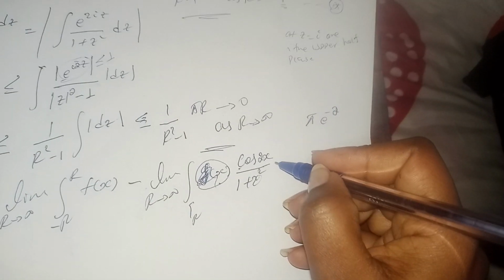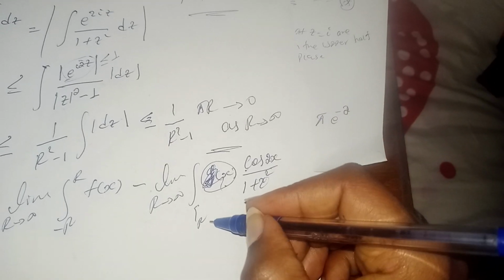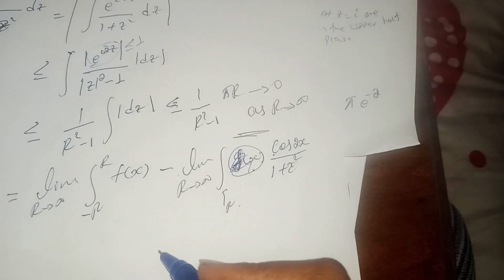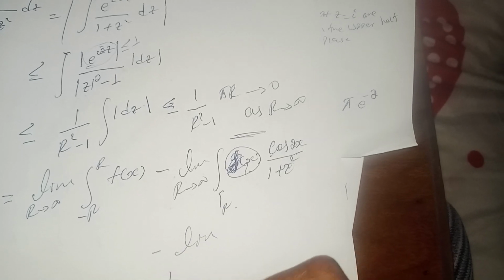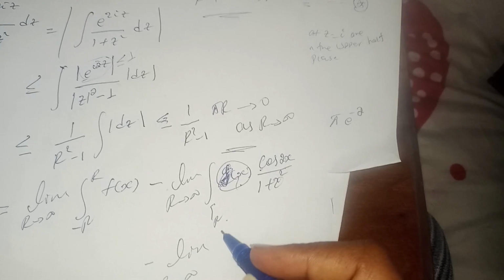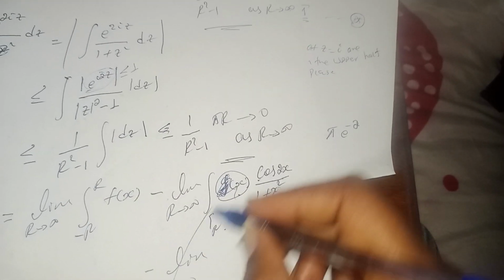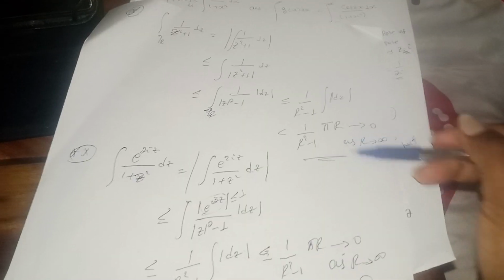The integral of this over gamma is 0, because before we showed that both are 0.